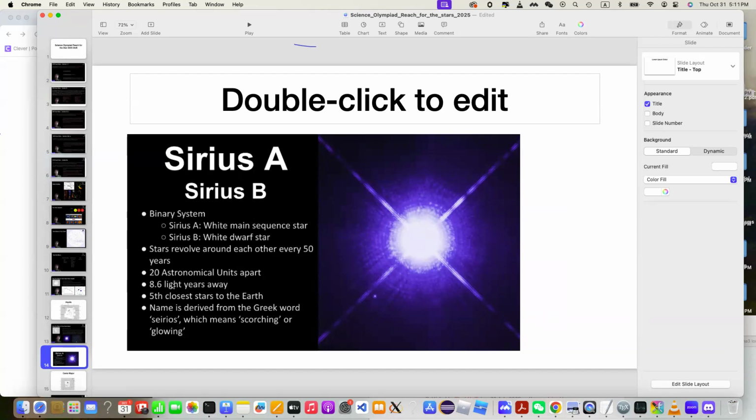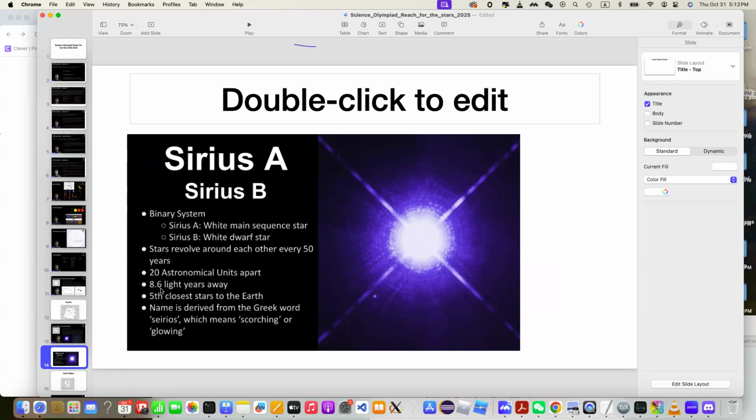They are 20 astronomical units apart. One astronomical unit is the distance between the Earth and the Sun, so they are not very far away: just 20 times the distance between the Sun and the Earth.